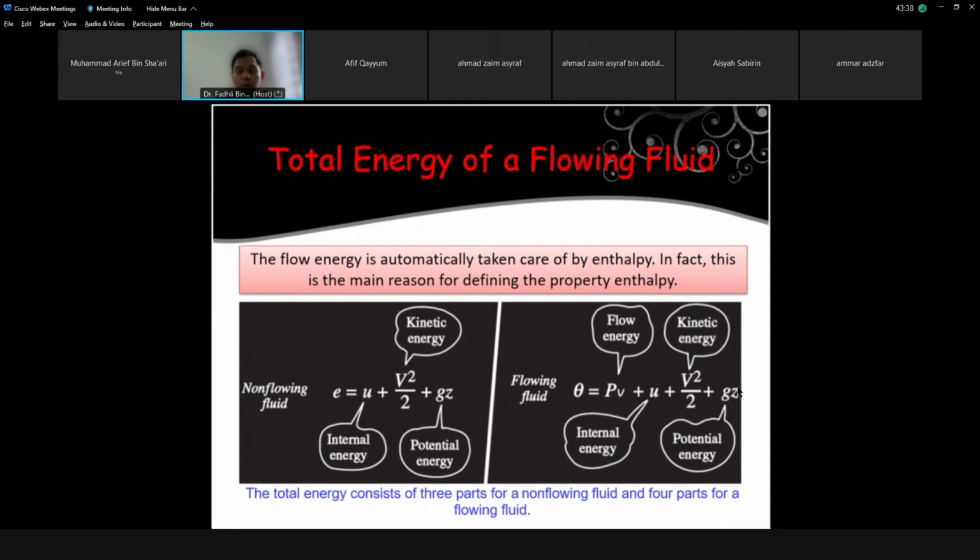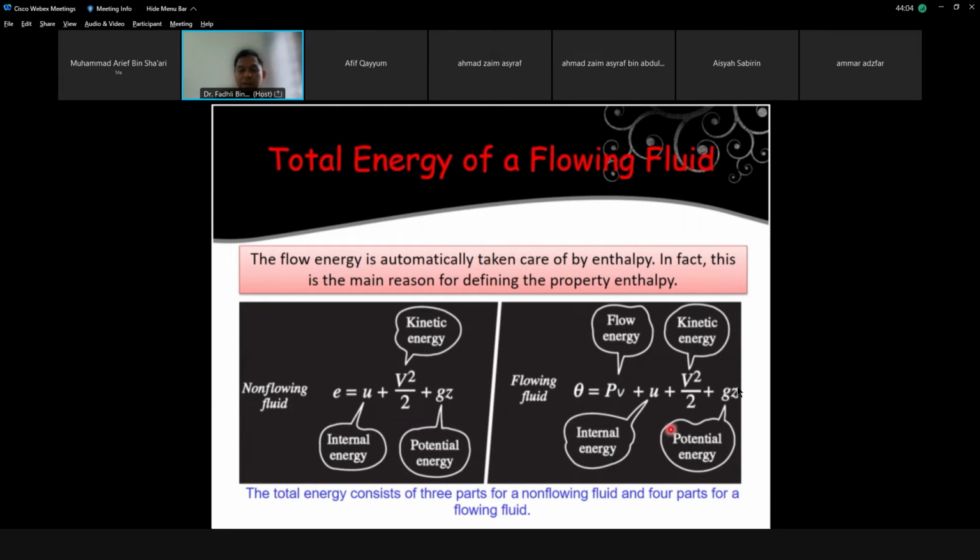But for open system, the fluid is flowing. That's why it is categorized into two. This part is for closed system. Dalam closed system pun kita dah belajar kan, total energy for closed system. It consists of internal energy, kinetic energy, and potential energy.